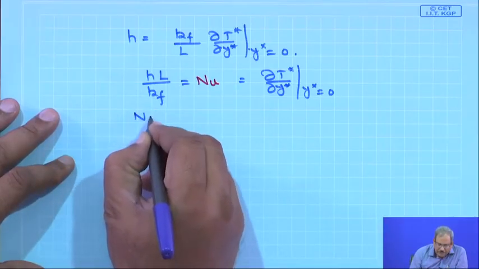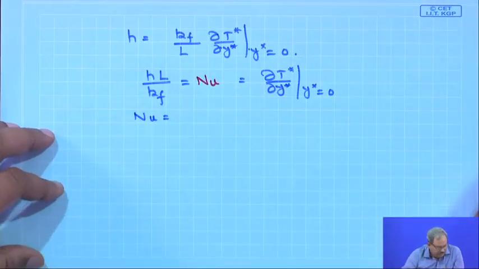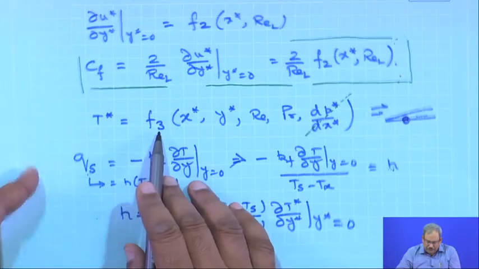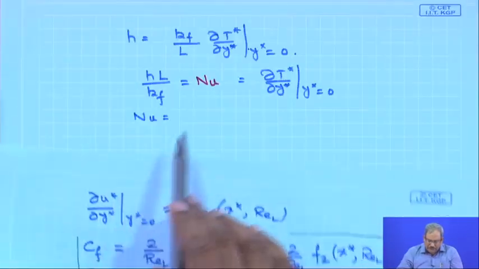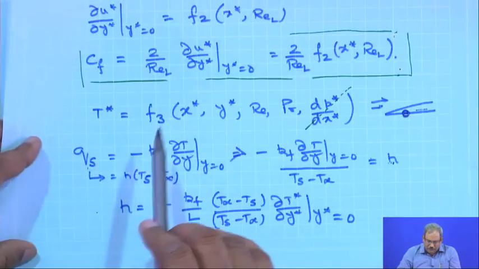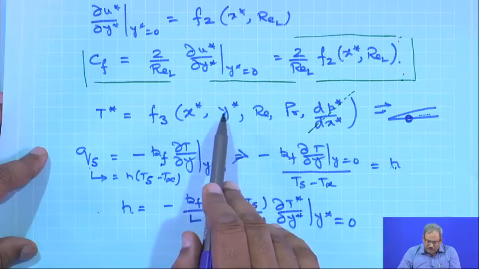Now, I write the Nusselt number, having used up F1, F2 and F3 over here. The Nusselt number is del T star by del y star at y star equal to 0.